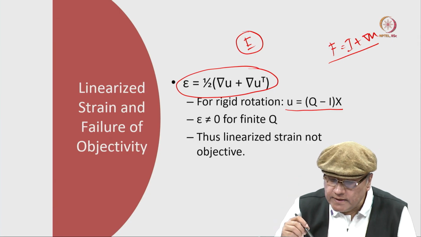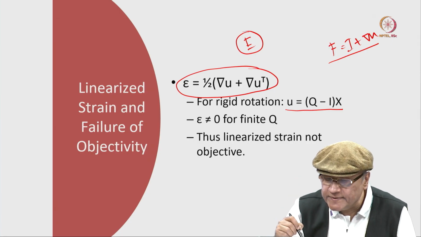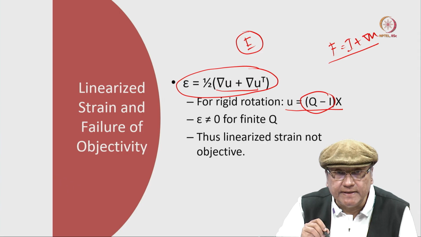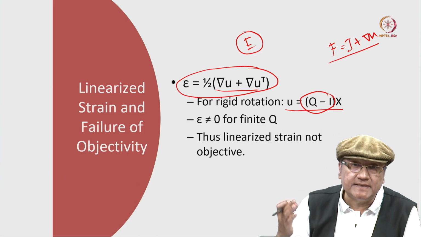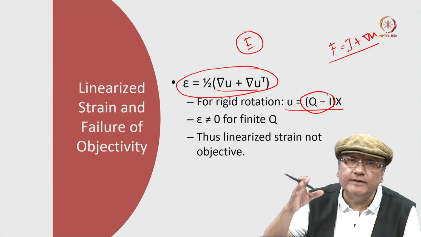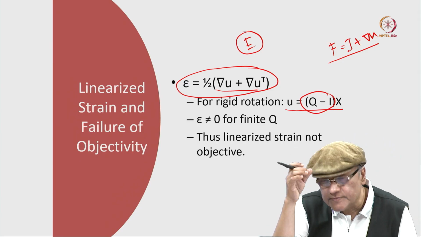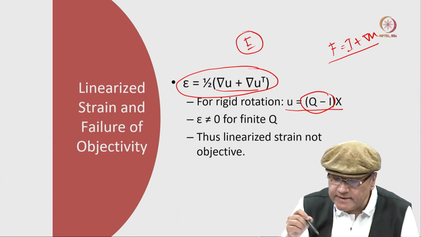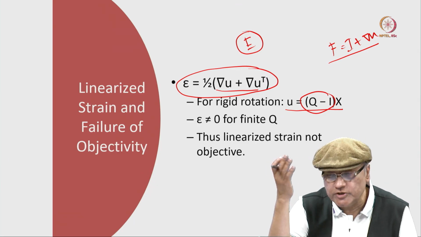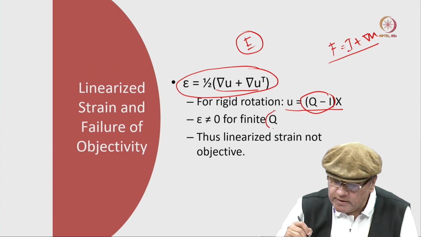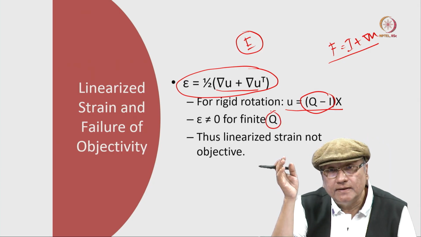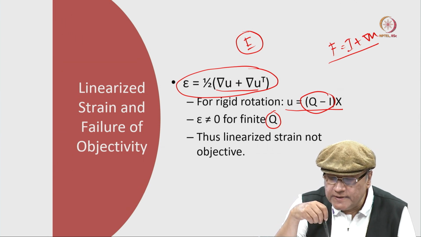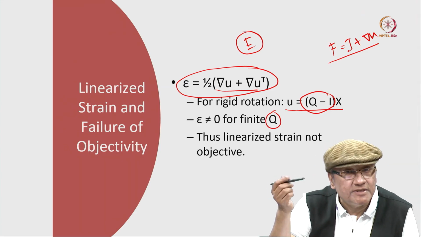Now if you put the gradient of u with respect to capital X here, you get Q minus I, correct, and these gradients are with respect to capital X. Because u is defined only in terms of the material structure, the undeformed, referential configuration, if I do a pure change of coordinates using rotation as well as translation, then we get epsilon equal to something like Q plus Q transpose minus 2I, which is not 0.